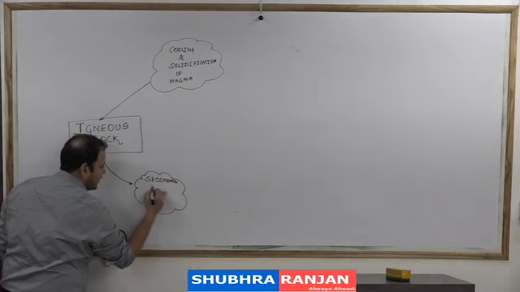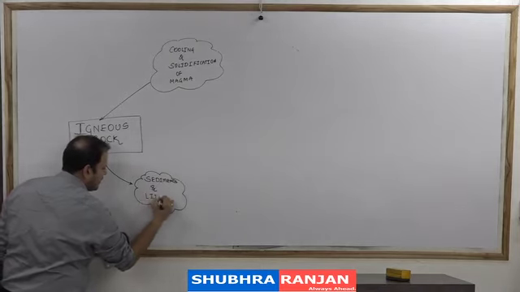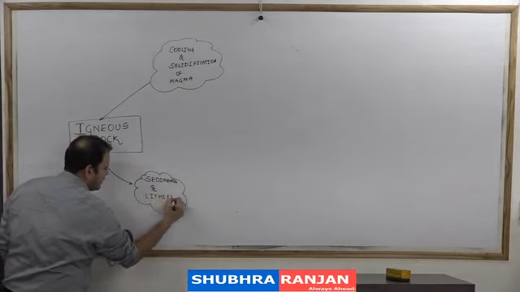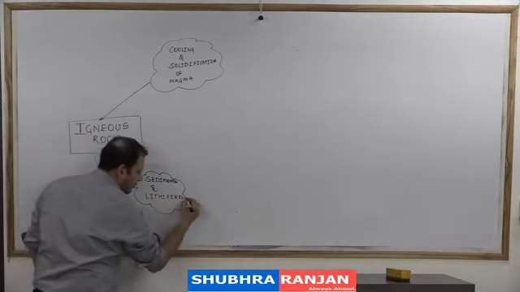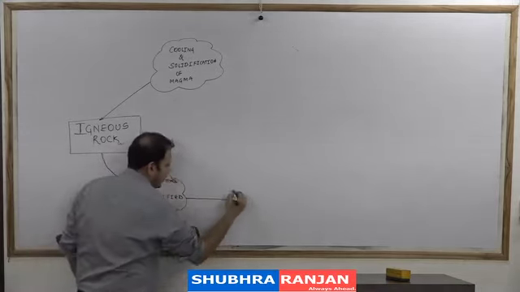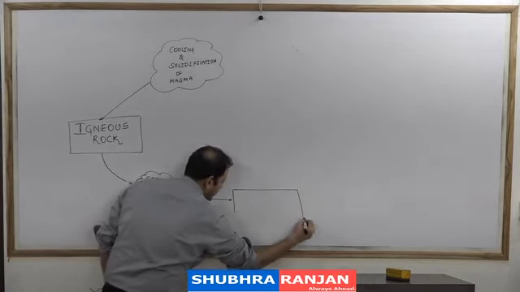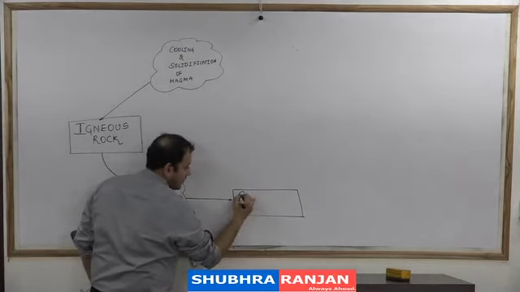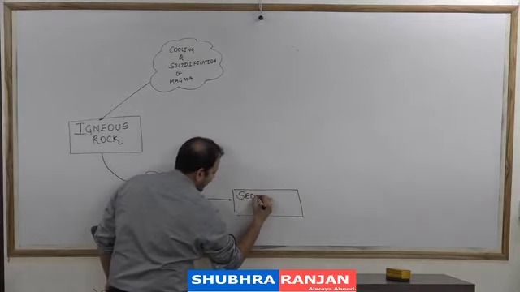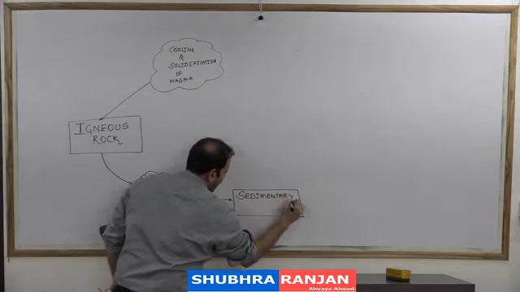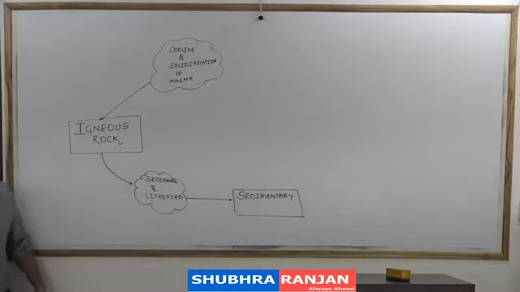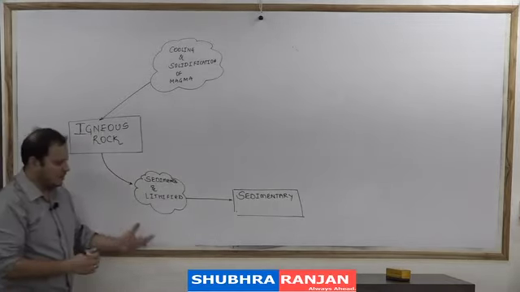And the sediments over the period of time will be lithified. We have seen lithified: compaction, cementation, to form which kind of rock? Lithification, sedimentation is in which? In the sedimentary rocks.